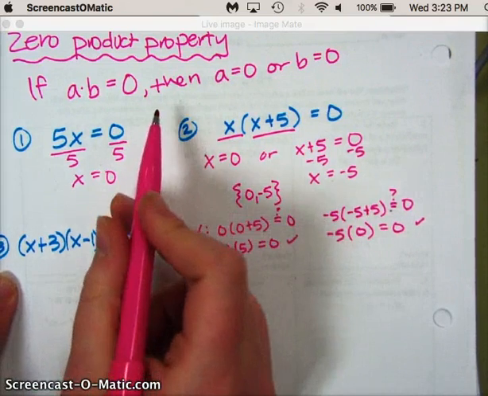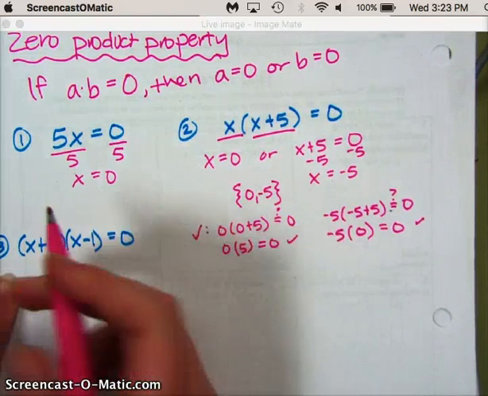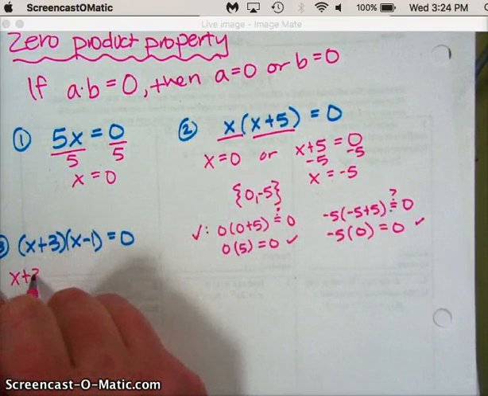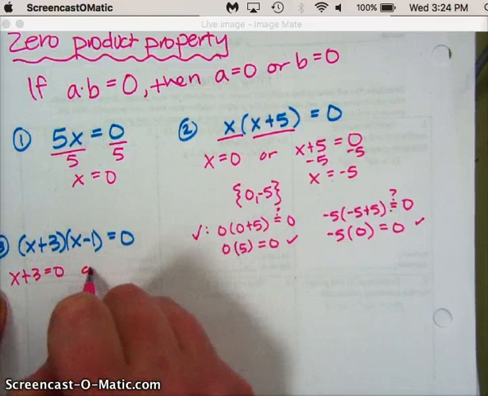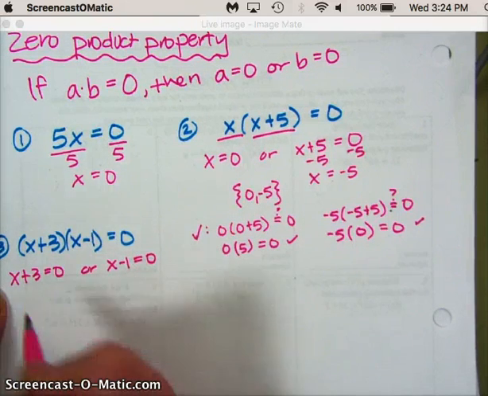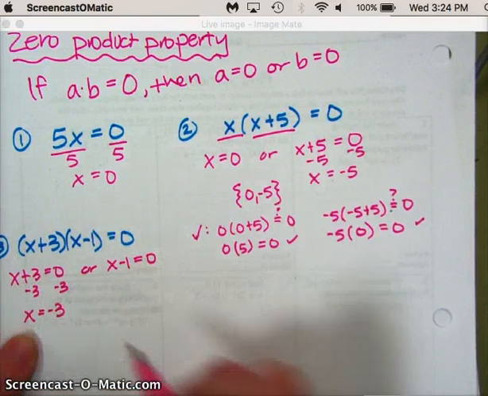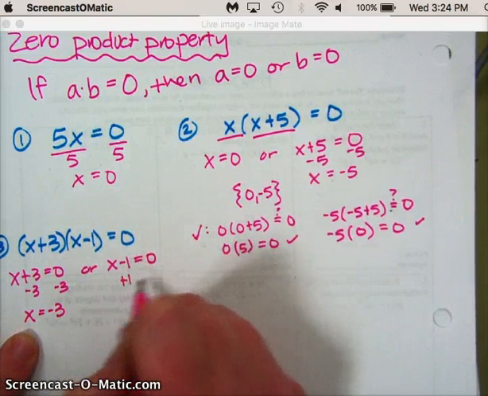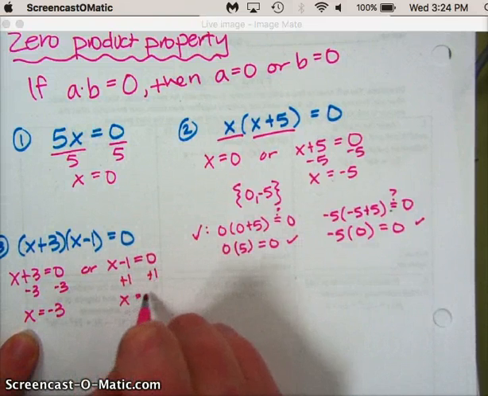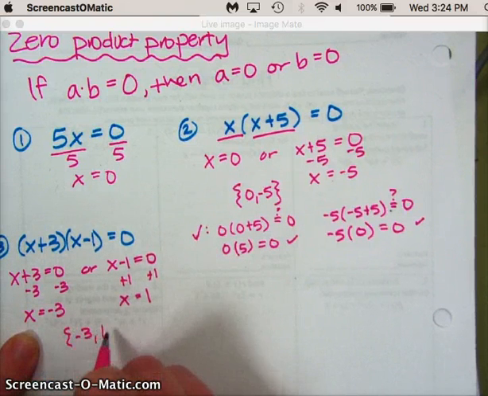Based on the zero product property, I know one of these factors has to be equal to 0. So I can say either x plus 3 has to equal 0 or x minus 1 has to equal 0. So subtract 3, x equals -3. Or add 1, x equals 1. So we have two solutions, -3 or 1.